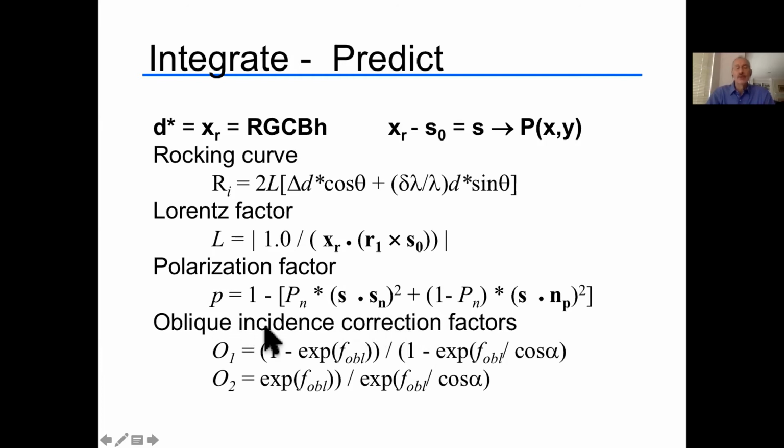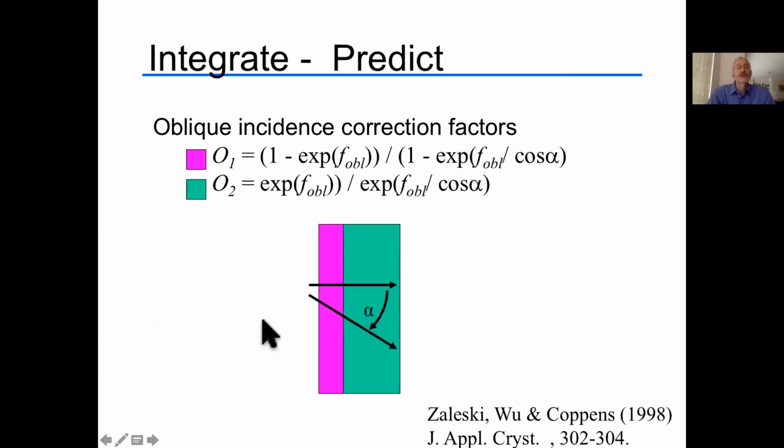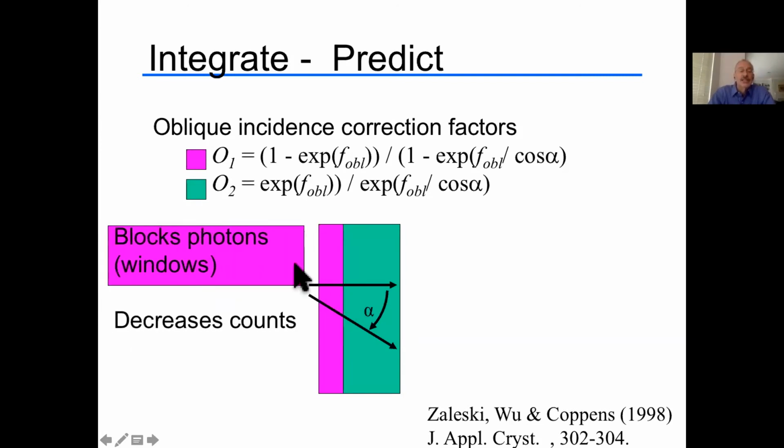And briefly, on oblique and incident correction factors: if you have the face of a detector detecting your photons, you can have two kinds of materials in the beam, and you can have air too, but you can have a window that actually blocks or attenuates photons as they go through.